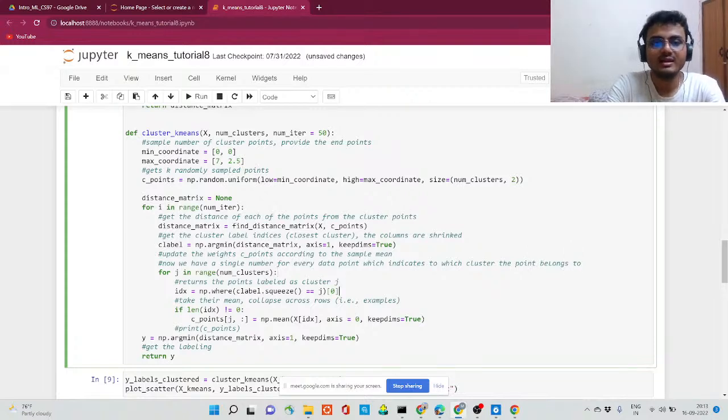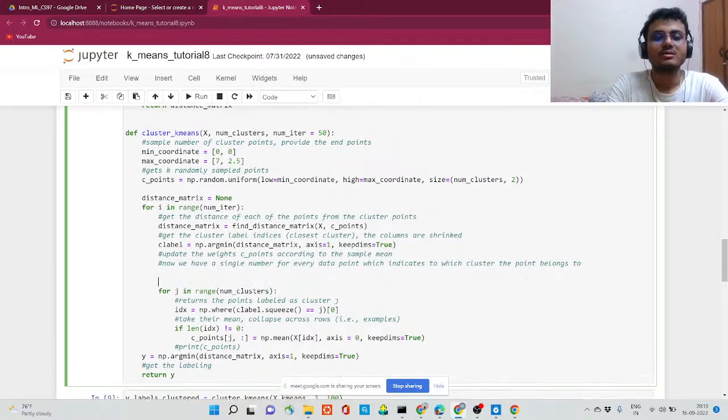So now, what am I going to do? I am going to take the average. So this will do the repositioning of the centroids. What are the centroids? As I showed you from the beginning of the class, they are nothing but the average of the points that are belonging to the cluster. That's what I'm doing.